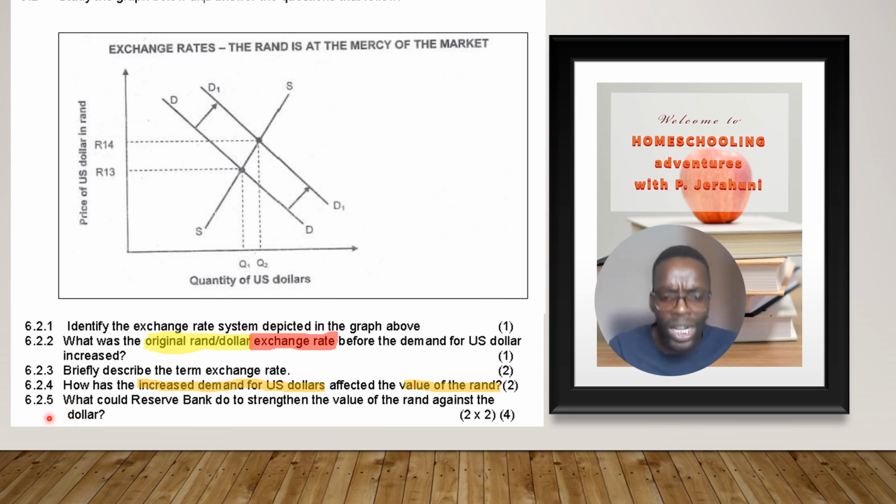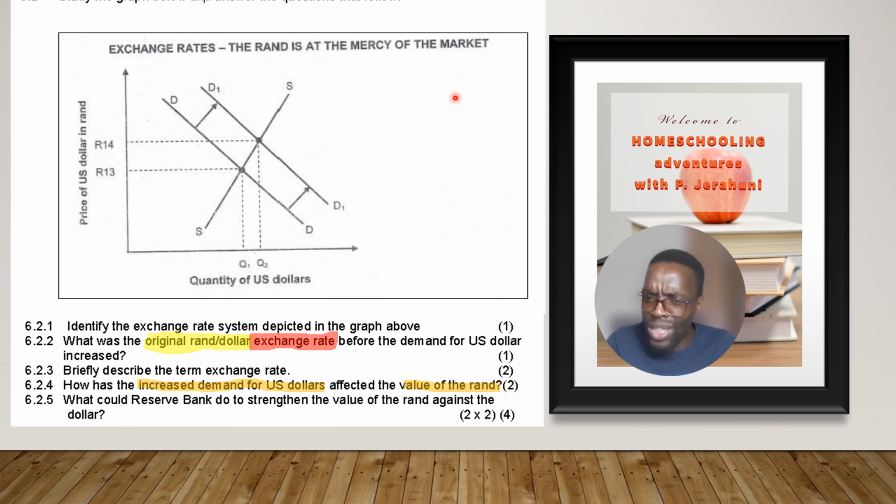Okay, so what could the South African Reserve Bank do to strengthen the value of the rand against the dollar? Now, there are a number of things that the South African Reserve Bank can do to try and strengthen the value of the rand. One of the things that they can do is increase the repo rate.